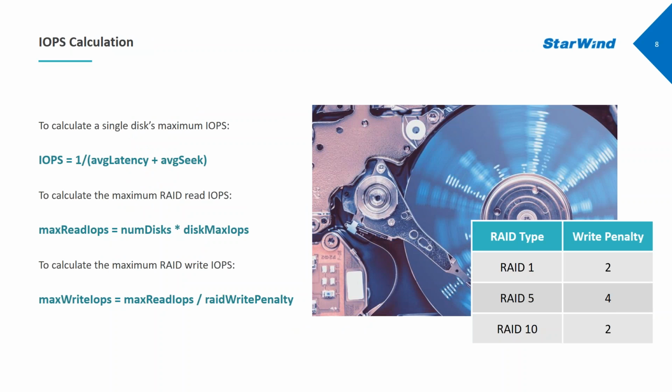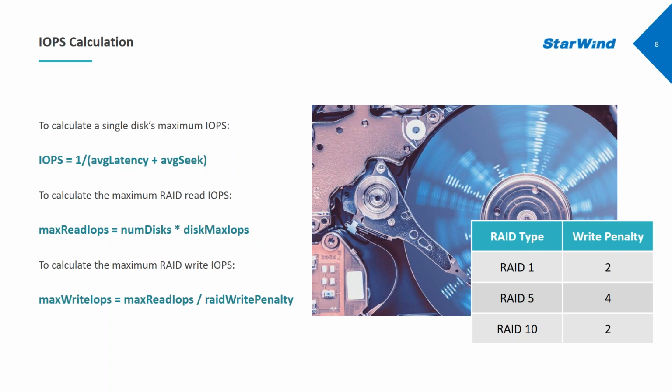Now, when it comes to IOPS, to calculate the actual IOPS for given disks, the following information is required, such as the average latency and the average seek time. Calculating the maximum write IOPS is a slightly different matter. RAID arrays suffer a write penalty.